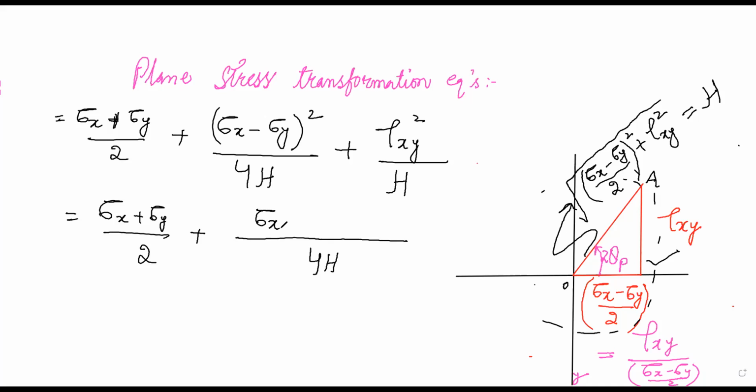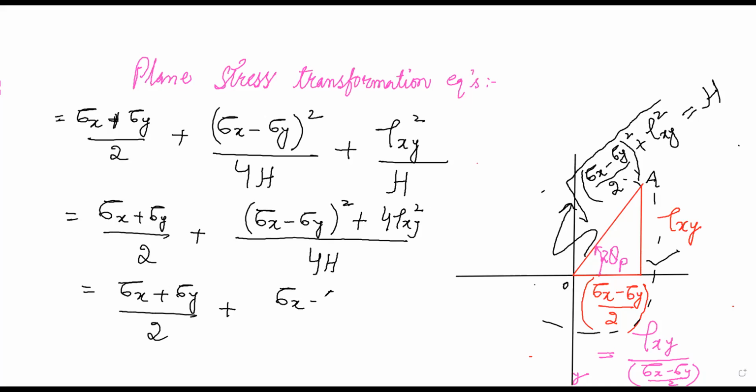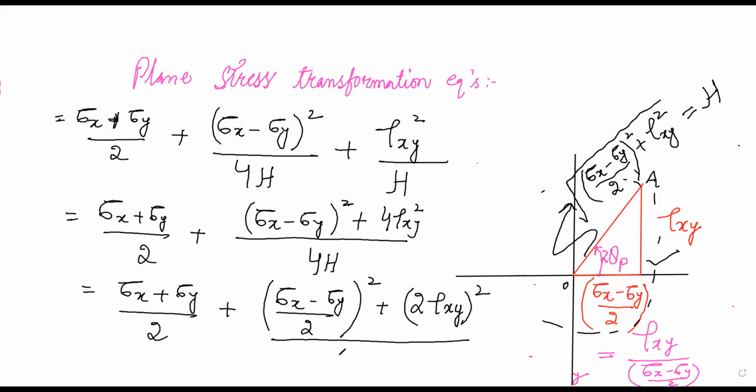It will be sigma x minus sigma y square plus 4 times tau xy square, which can further be written as sigma x plus sigma y divided by 2 plus sigma x minus sigma y divided by 2 whole square plus tau xy square whole divided by h.